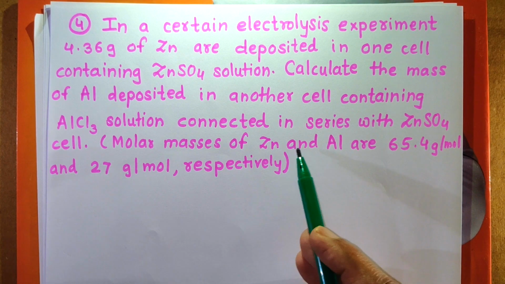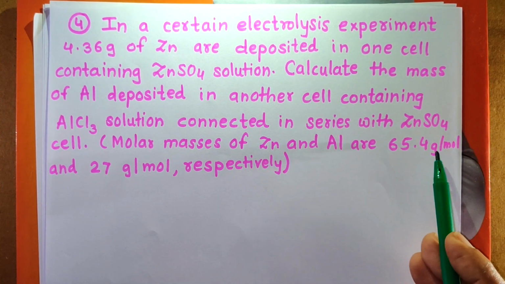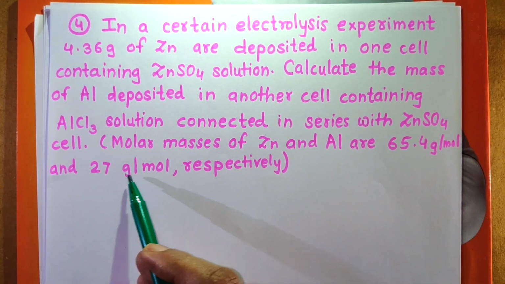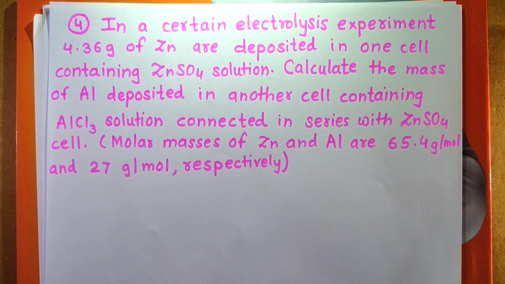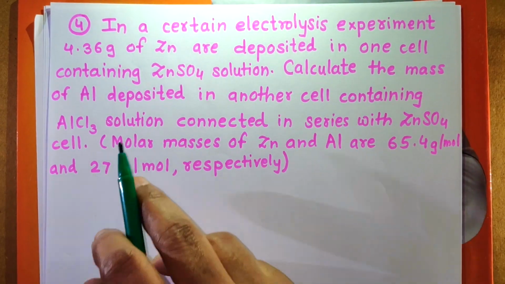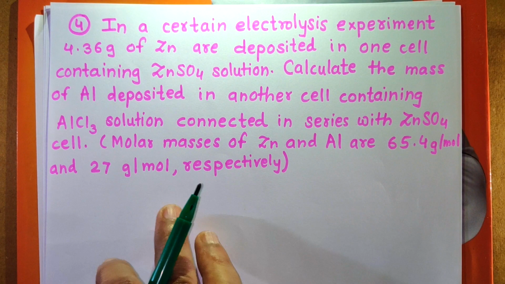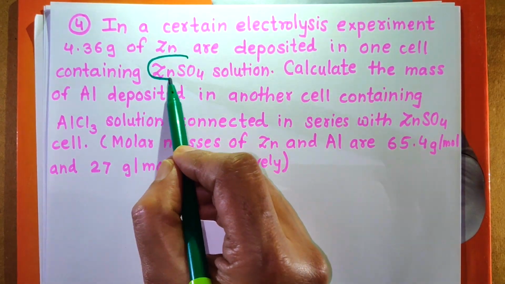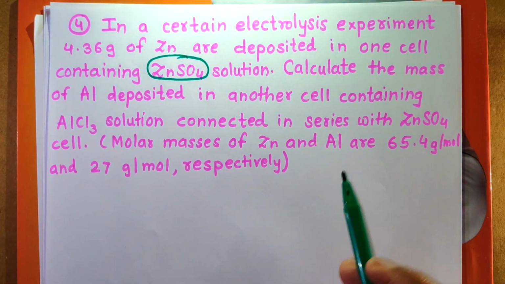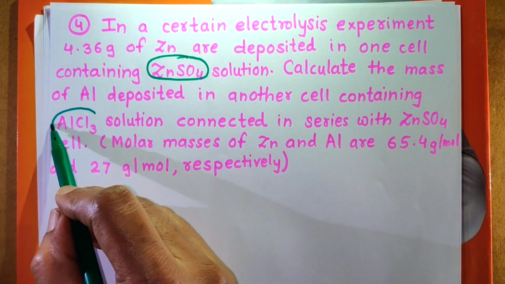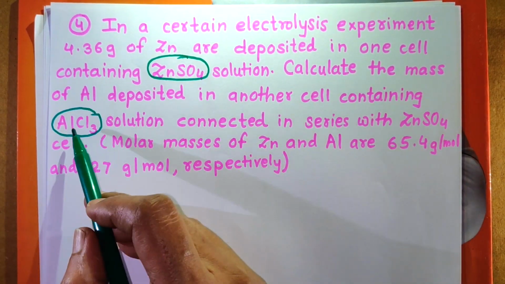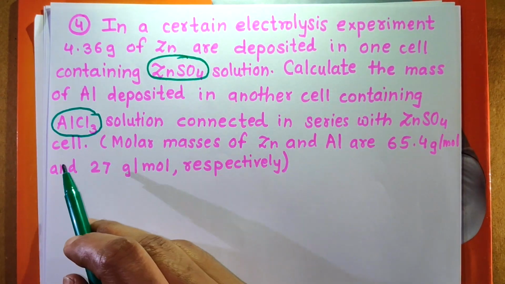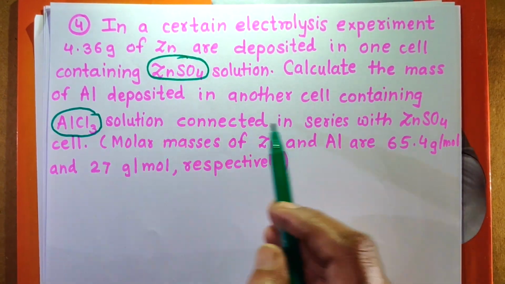Molar mass of Zn and Al are 65.4 gram per mole and 27 gram per mole respectively. When you read this problem, you can understand that here 2 electrolytes are taken. ZnSO4 is the first electrolyte and the second electrolyte is AlCl3, and these 2 electrolytic cells are connected in series.